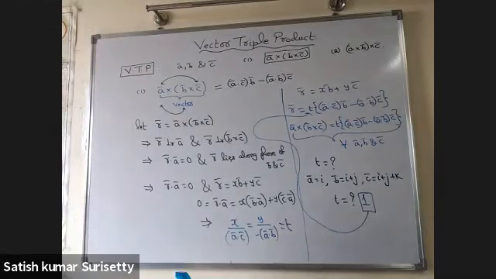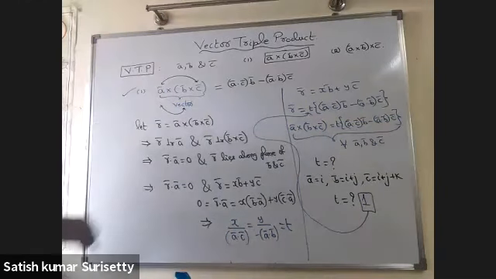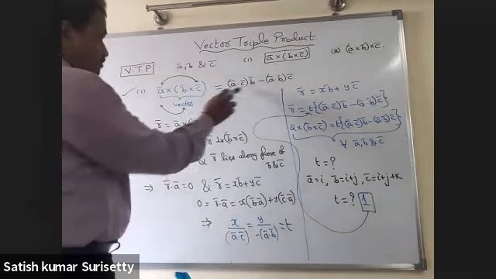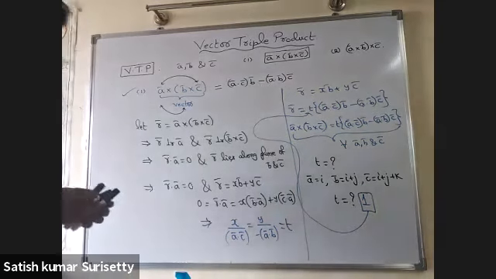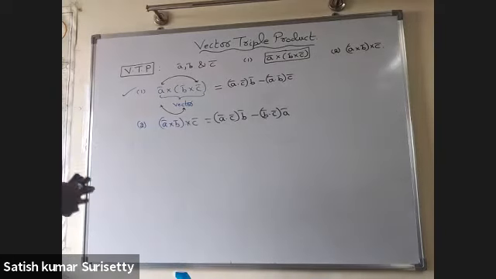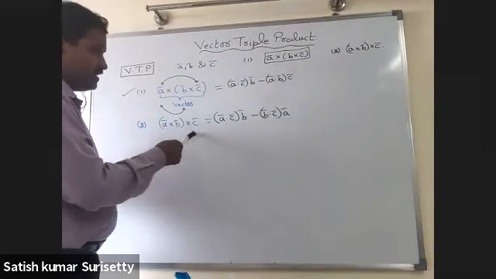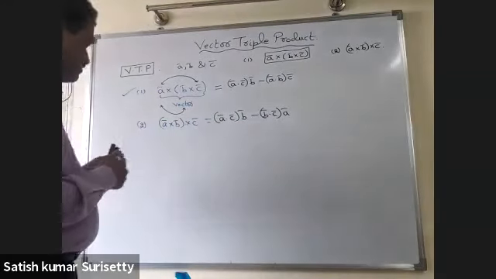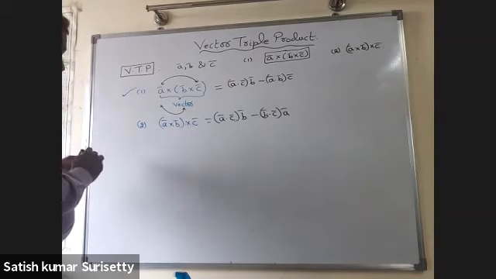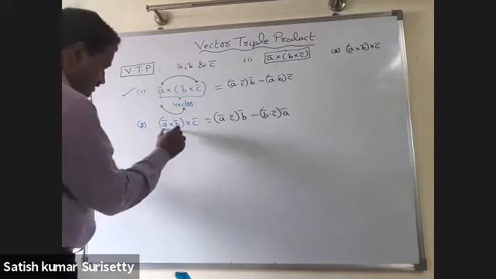Then A cross B cross C is what? A dot C into B minus A dot B into C. So for the second one, A cross B cross C, using the first one you can derive. That is, you rewrite this into this form. So how to rewrite this into the above form?